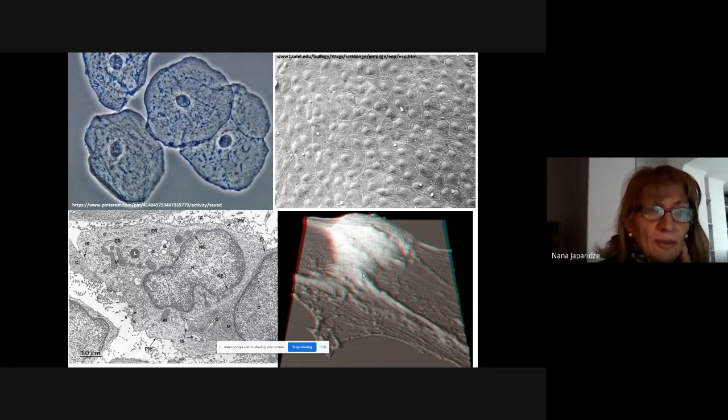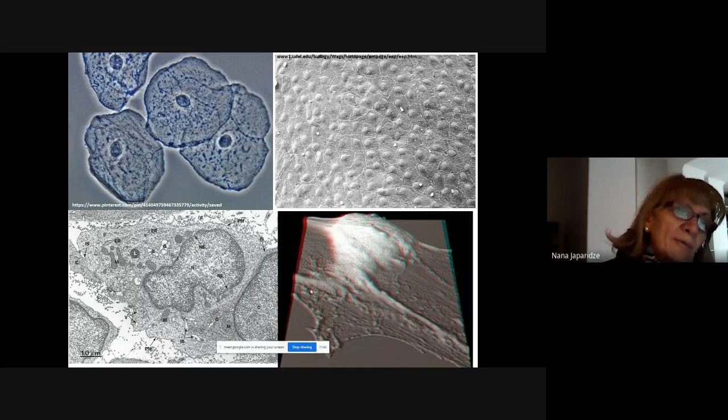You can see here even the cytoskeleton of cells, different components; microtubules are observable in the cell, and sometimes microfilaments too. And you see here the cell membrane. The resolution power of atomic force microscopy is also very high.